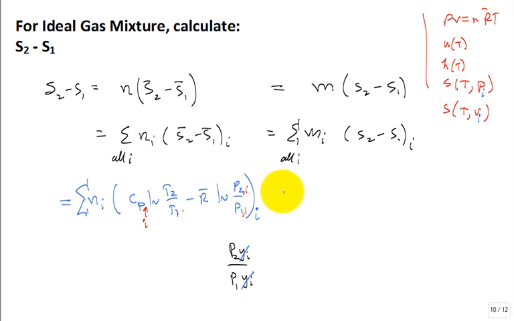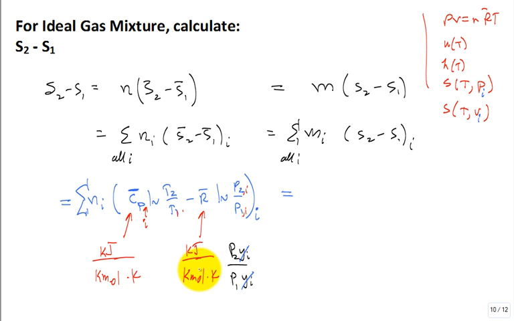This is a bar right here, sorry. Why is that a bar? What are the units on C sub P bar? Kilojoules per kilomole Kelvin, true. What are the units on R bar? Kilojoules per kilomole Kelvin, same units.